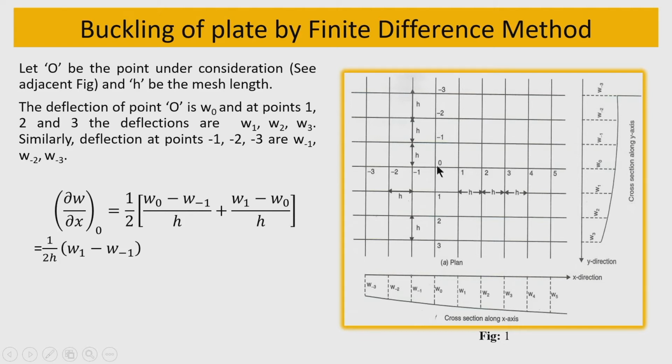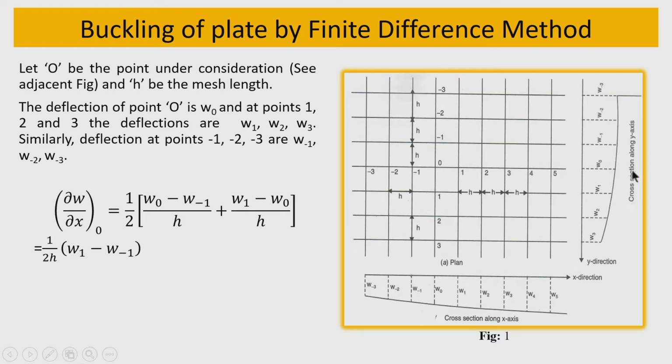Similarly, the derivative in the y direction can be written. If I take the y direction, then here you can see 0, 1, minus 1 are the nodes, and similarly del W by del y at node O can be written as W 1 minus W minus 1 by 2 h, but this will be in the y direction.